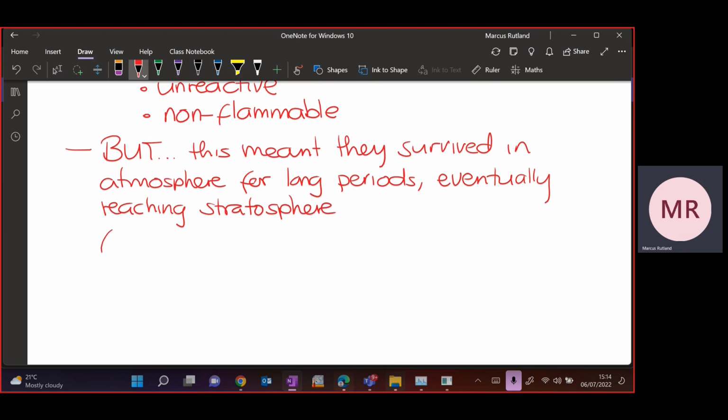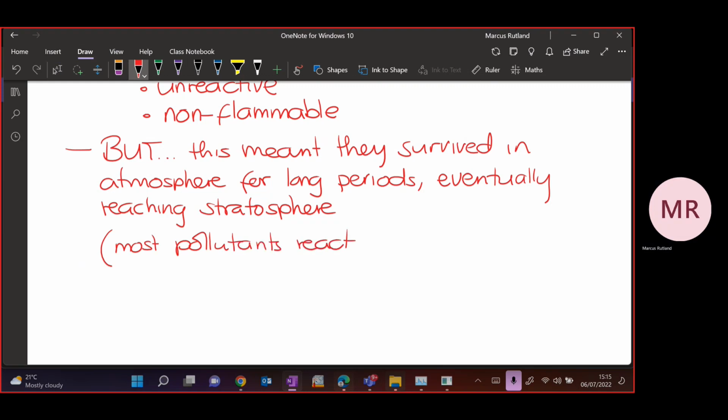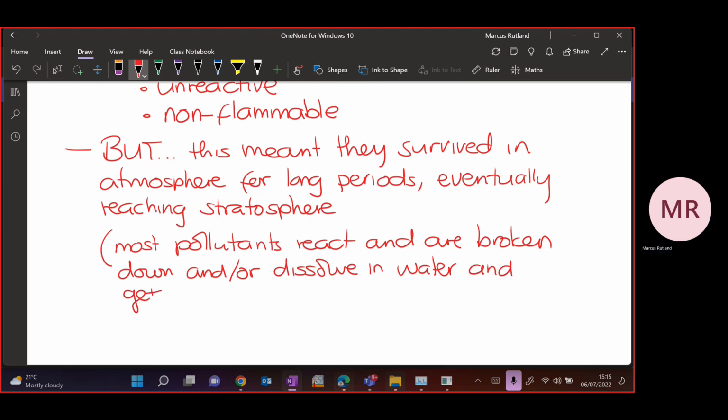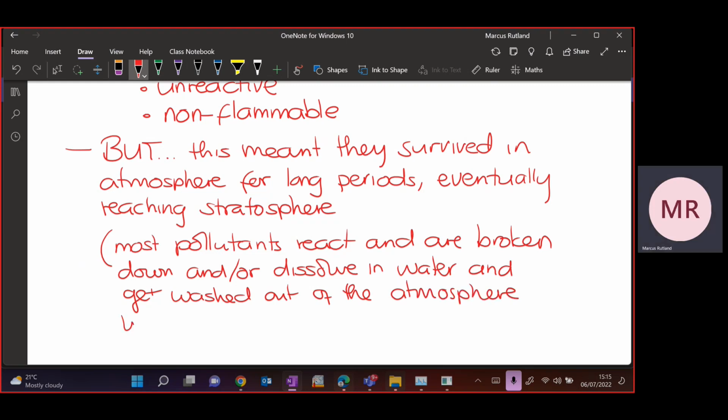So we can just make a little point here that most pollutants react and are broken down and or dissolve in water and get washed out of the atmosphere without reaching the stratosphere.